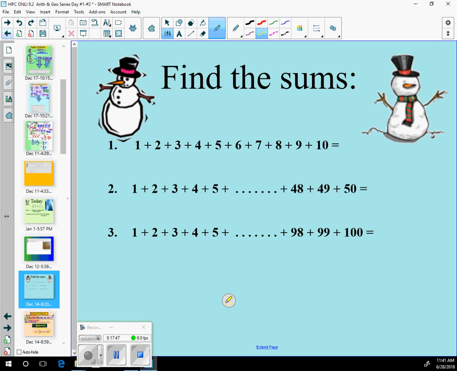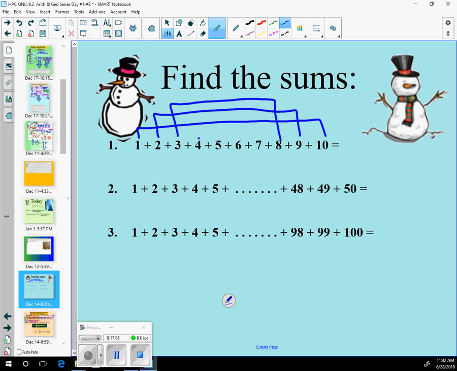Going back here, I'm going to show you a quick little deal. If I were to add 1 to 10, notice that 1 and 10 is 11, 2 and 9 is 11, 3 and 8 is 11. All of these are going to be 11. It looks like we have 5 11s.